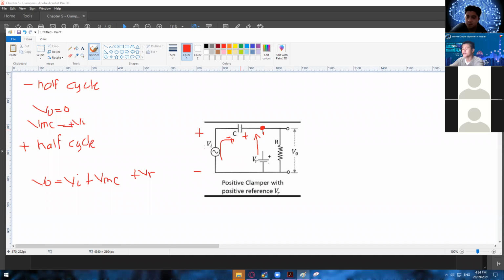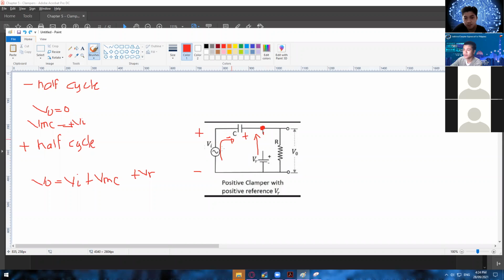Yeah, I forgot. Since the reading of this one is across this parallel path right here, whatever is the voltage reading right here will be the same on this one. That's the rule of our parallel circuit. So in here, we have a reading of VR.